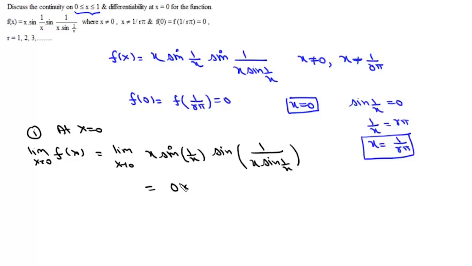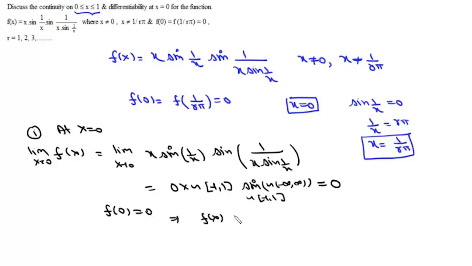This is 0 into sine infinite, and sine infinite is an oscillating value between minus 1 and plus 1. So this is 0 into something finite, and 0 into anything finite is simply 0. And it is given that f(0) is equal to 0. It means that this function f(x) is continuous at x equals 0.